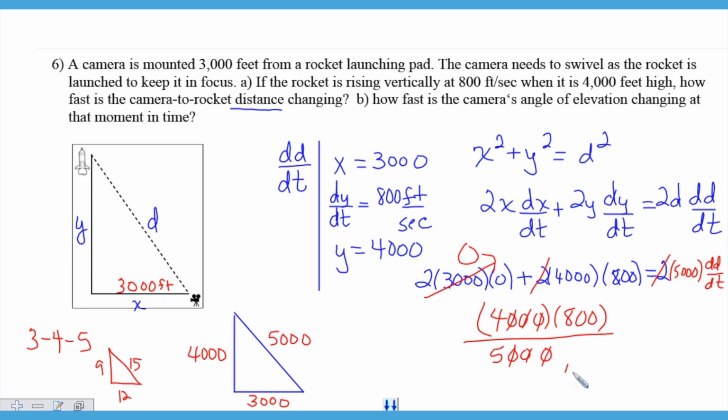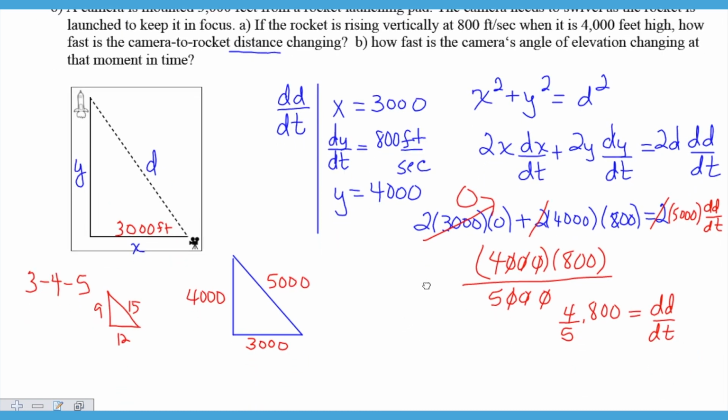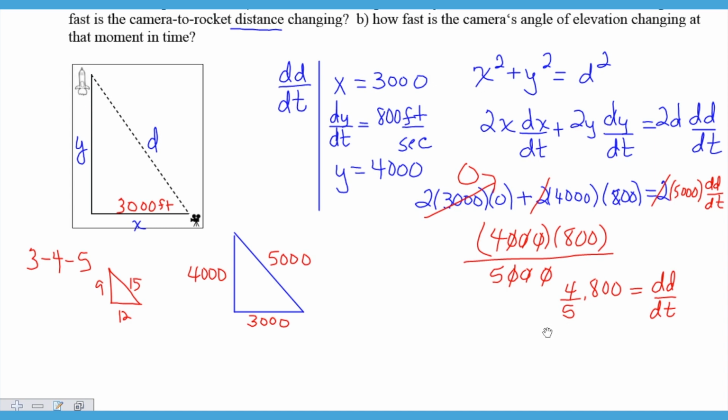So you end up with 4 times 800 divided by 5 will be your dd/dt. 5 will go into that, and we can get an answer pretty quickly. Let's see, that's 16 times 4. Is that 60? Is that 640? I think it is, because 5 goes into 800 is 160. And then that times 4 is 640.